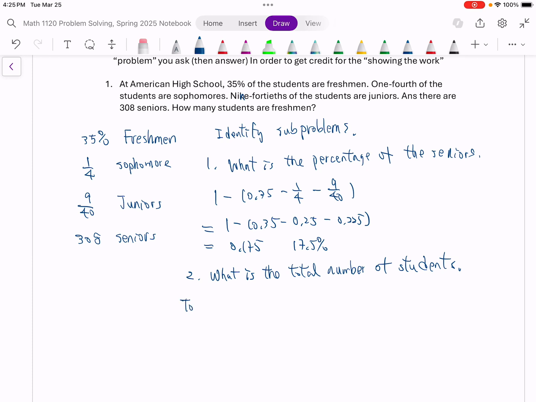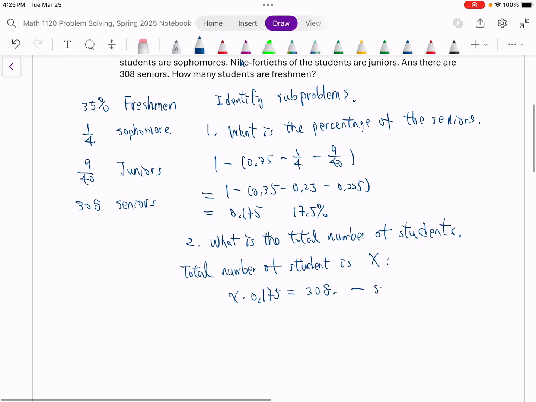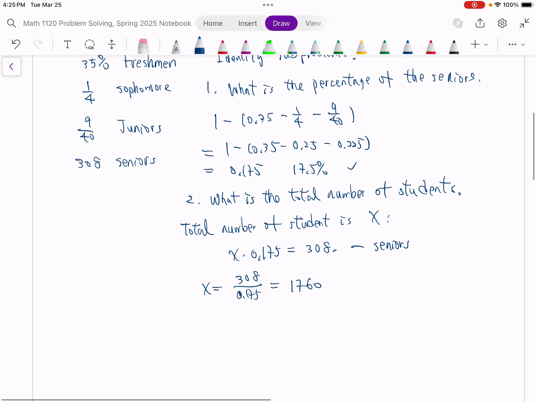If the total number of students is x, then x times 0.175 equals 308. That's the seniors. Therefore, x equals 308 divided by 0.175. That gives you 1760. So there are a total of 1,760 students.